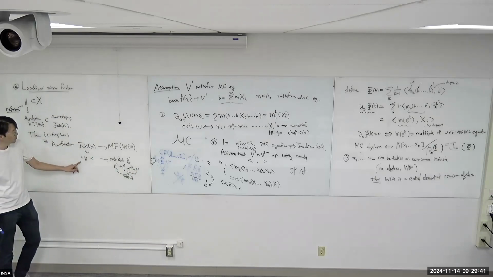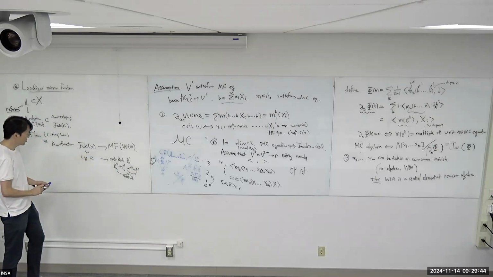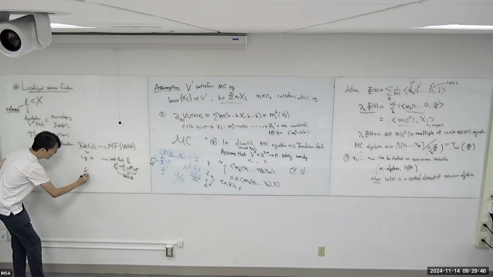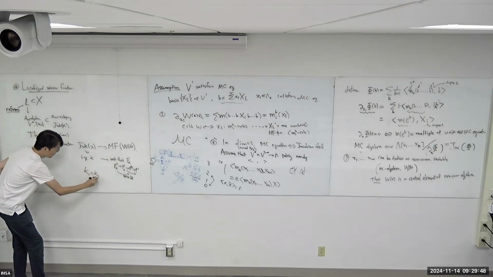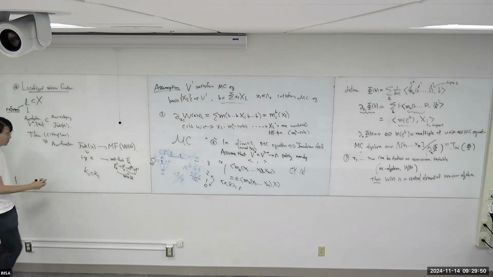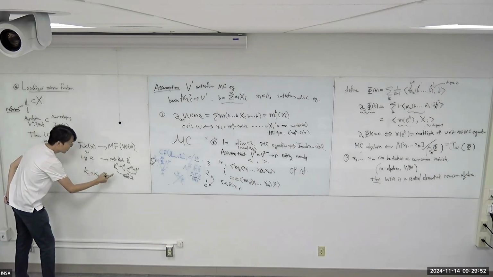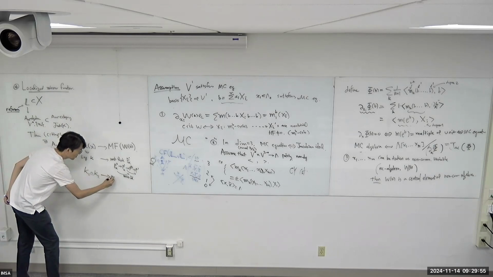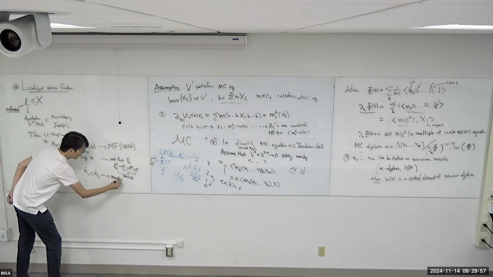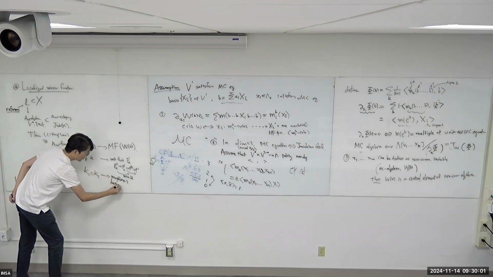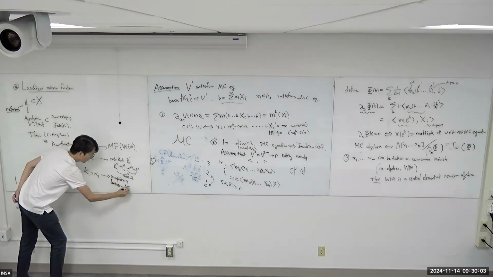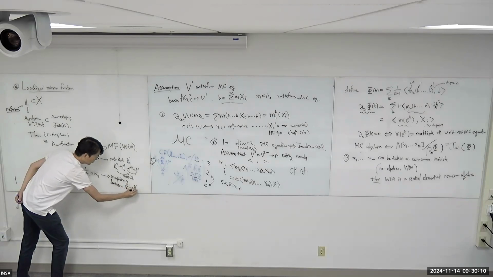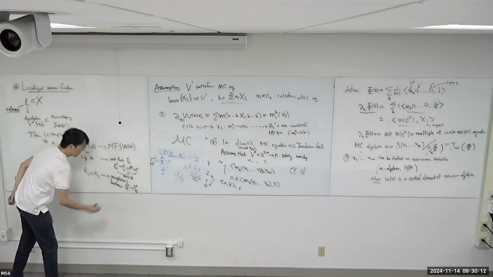So for each Lagrangian, it associates a matrix factorization, and if you have two Lagrangians, say the intersection between them, then it associates morphisms between two matrix factorizations, P_K1 to P_K2 and vice versa.